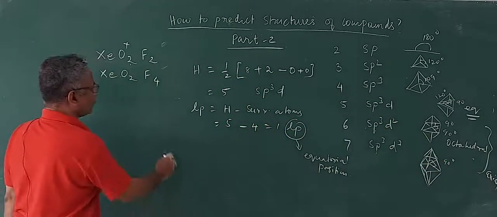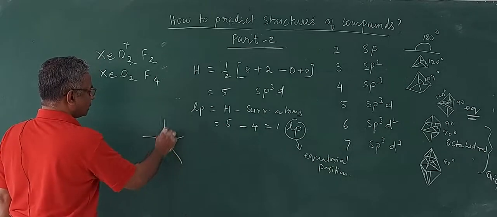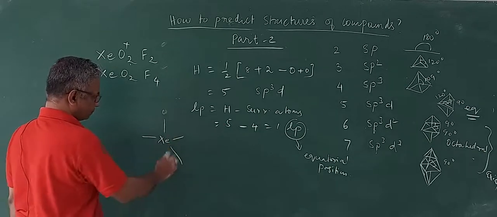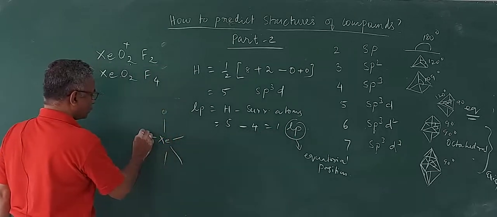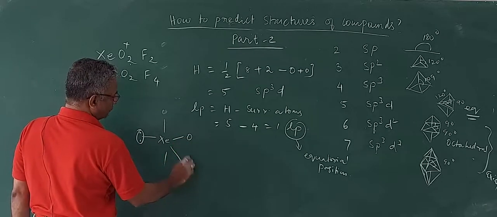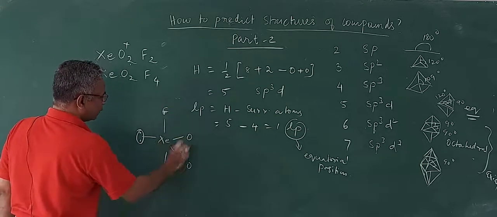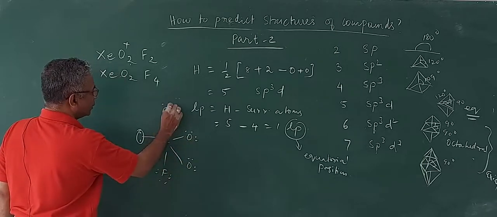Now if you draw the structure of this compound, xenon with 3, 4, 5, now you have O2. I said 1 lone pair will occupy the equatorial position. So this will be the equatorial position, and you will have O, F, F. Oxygen will have 2 lone pairs, and halogen will have 3 lone pairs.